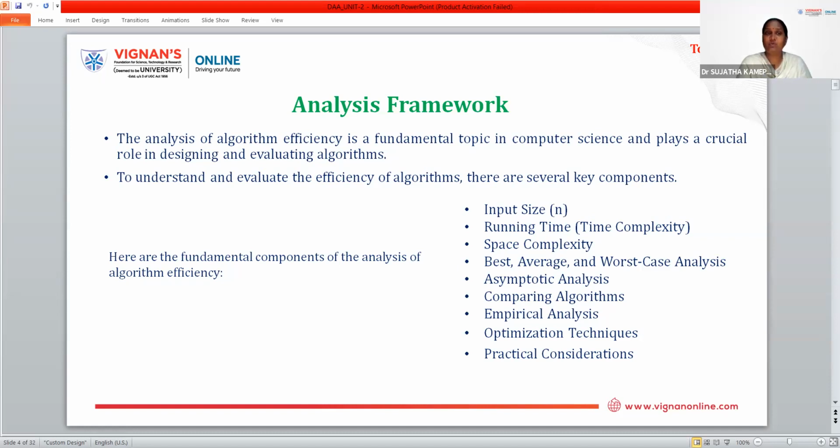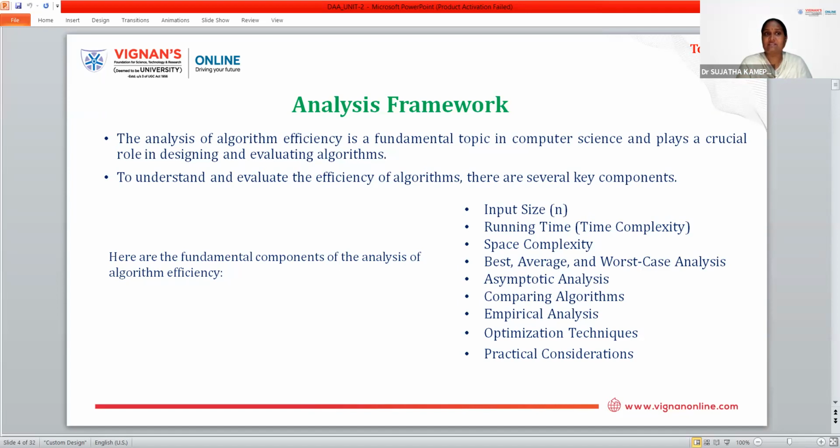Next one, asymptotic analysis. Asymptotic analysis helps us focus on the growth rate of an algorithm's performance as the size of input n approaches infinity. So as the size of input increases, how the growth rate of its time complexity or its space complexity behaves can be represented by using asymptotic analysis.